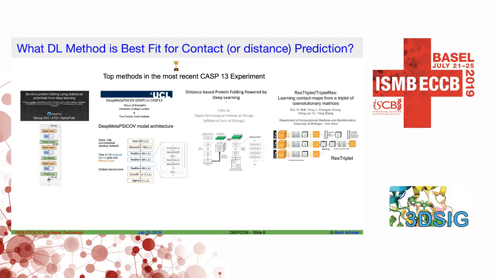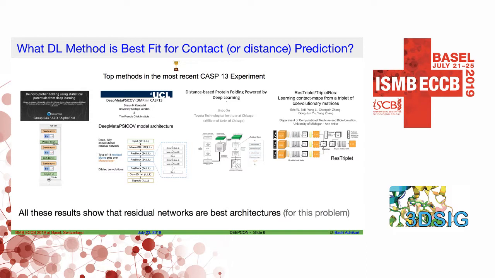In the most recent CASP, the top performing groups, AlphaFold from DeepMind, Dr. Jones' group, Dr. Su's group, and Dr. Zhang's group, had one thing in common: all these methods use residual networks to predict contacts or distances.